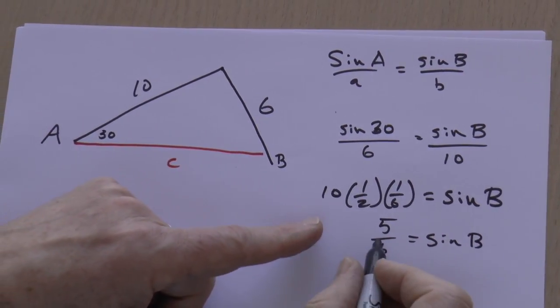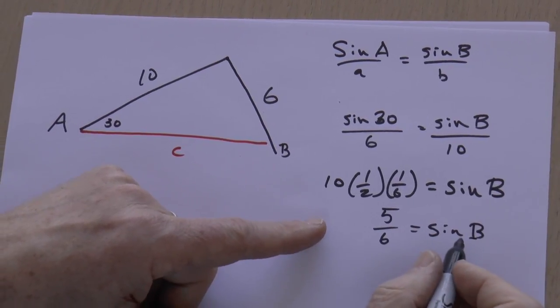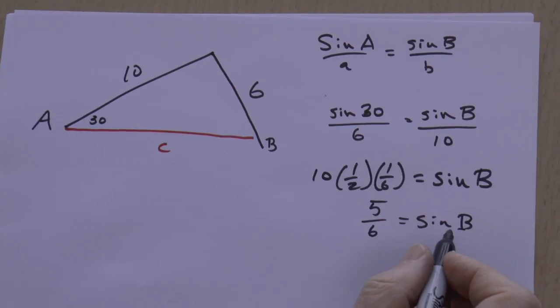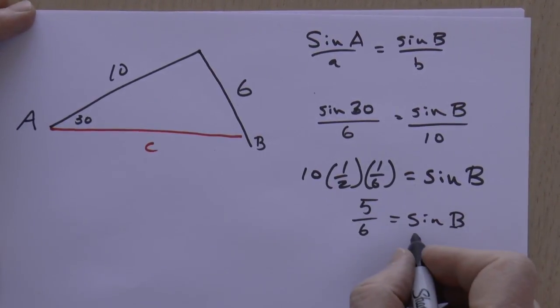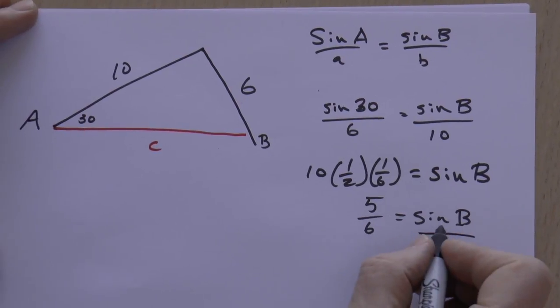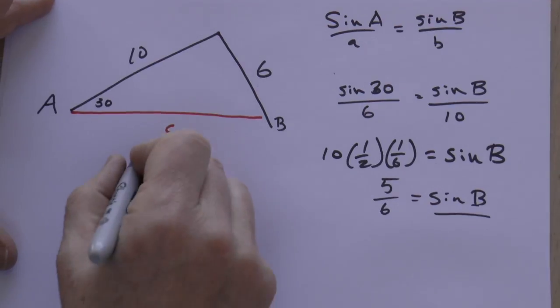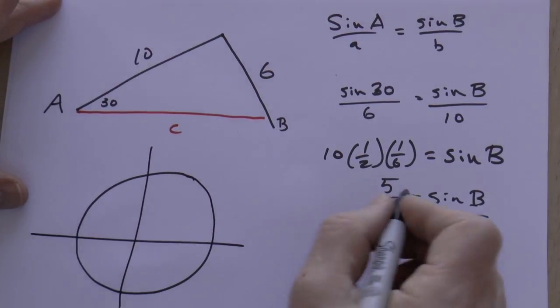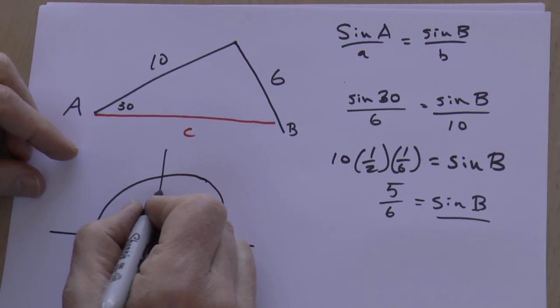Well, that's between 0 and 1. Interesting thing about sine B. If you put this in your calculator, you'll get one number. But remember, there's 2 possibilities for this. We go back to our good old unit circle. 5/6, oh, that's somewhere up in here.